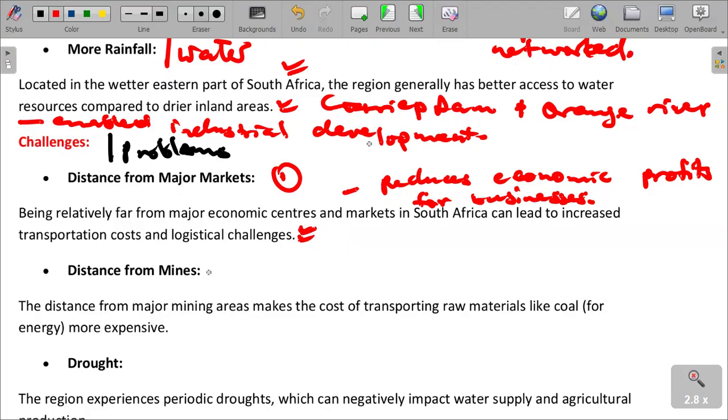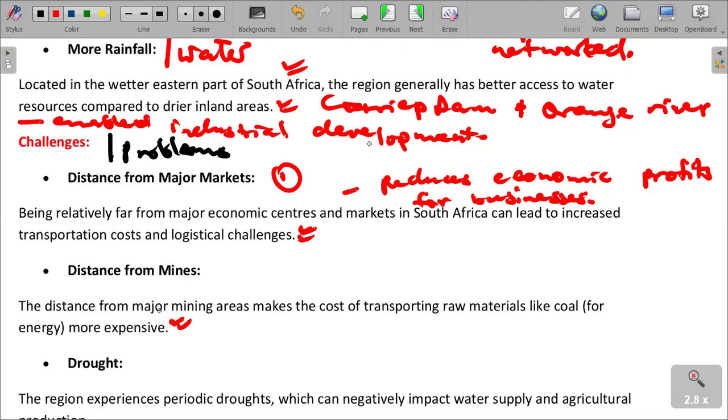And then distance from the mines. The distance from major mining areas makes the cost of transporting raw materials, for example coal for energy, more expensive. So coal, when it is to be transported, we are saying the region is actually far.